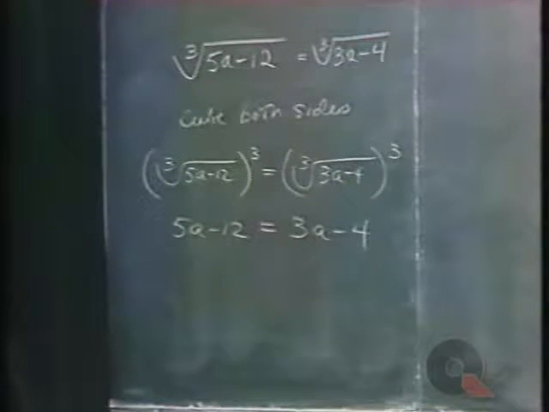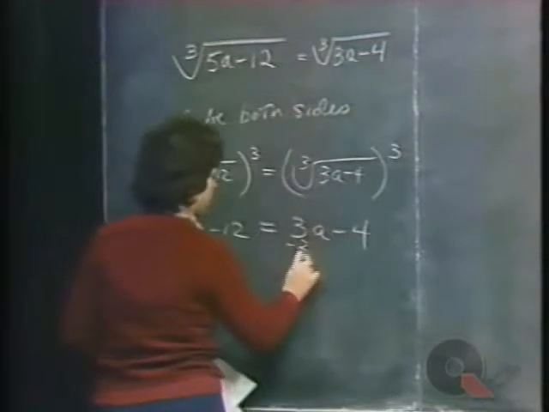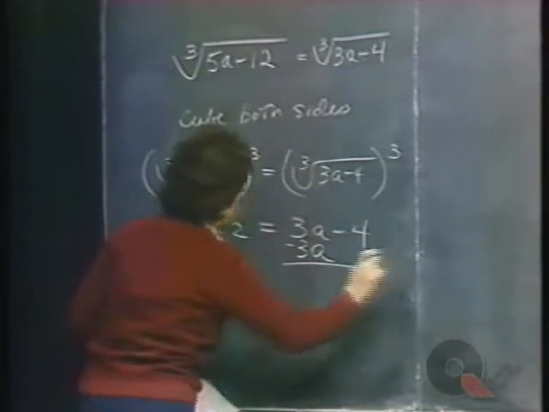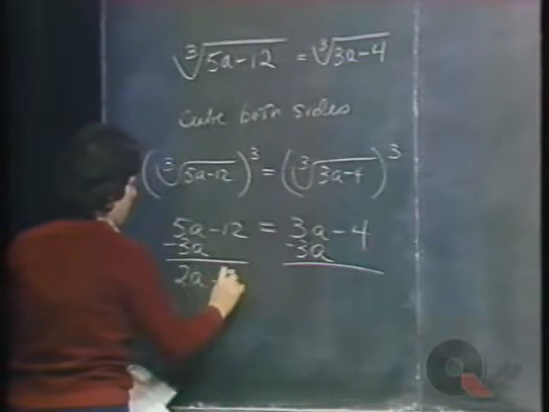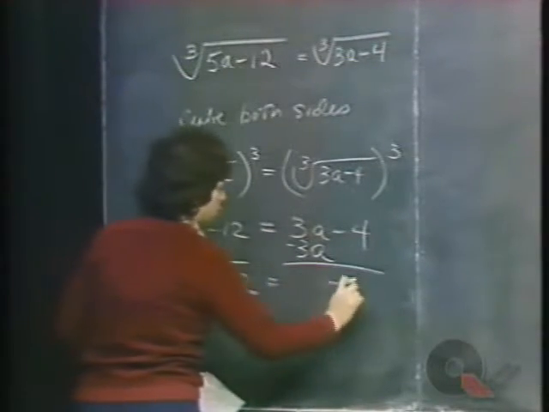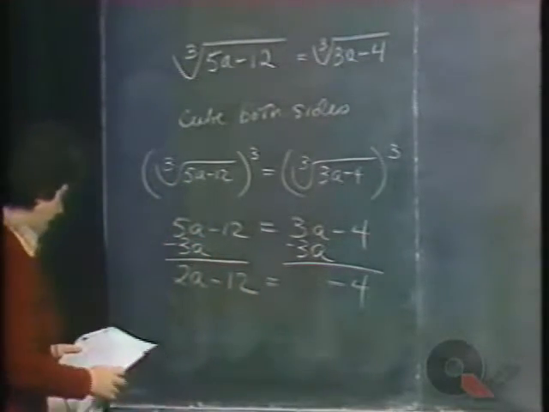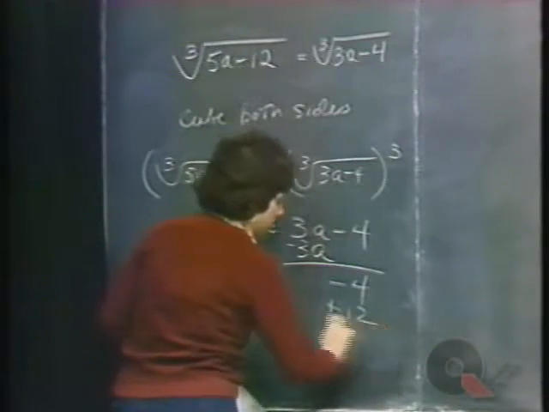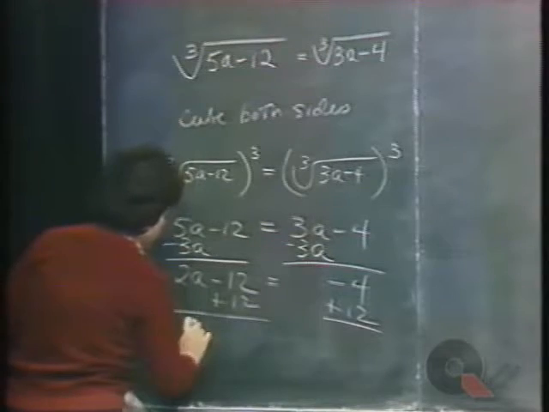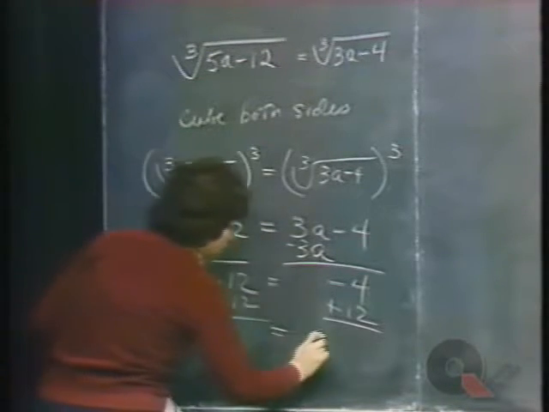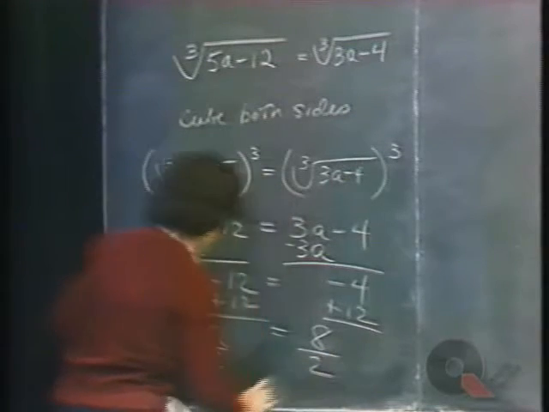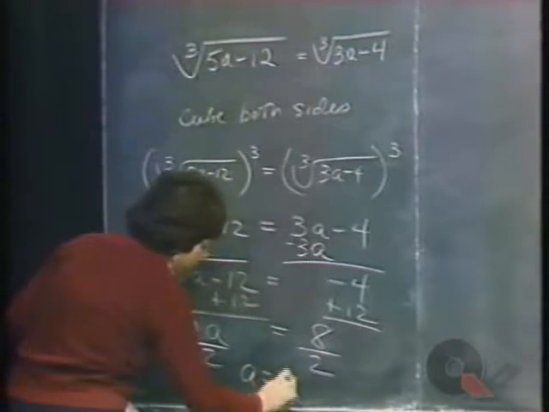We want to solve for a, so let's subtract 3a from both sides. 2a minus 12 is equal to minus 4. Now we add 12 to both sides of the equation. 2a is equal to 8. Dividing by 2, a is equal to 4.